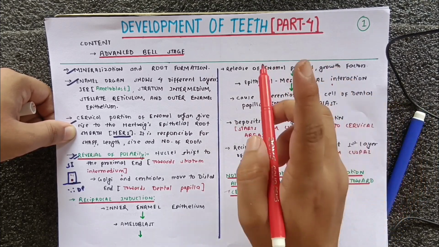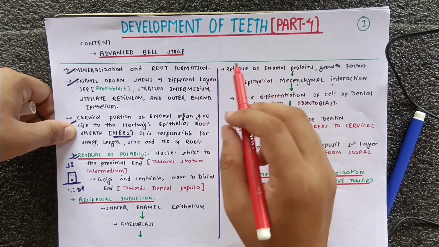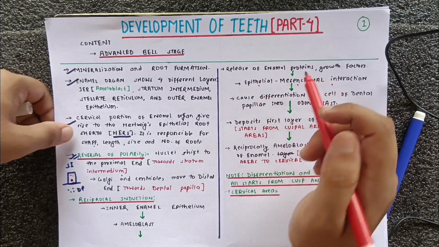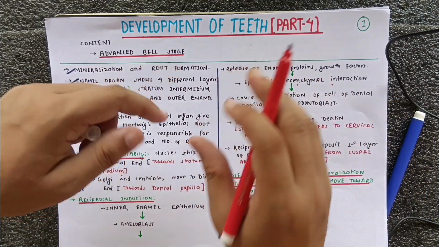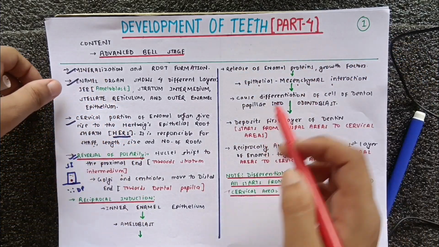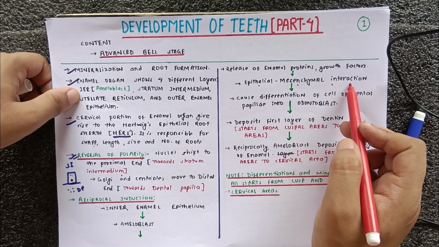As I discussed in my previous video, anything in the development of the tooth happens due to epithelial and mesenchymal interaction. There is interaction between the connective tissue and the epithelial layer that forms different structures. This is important to understand here.